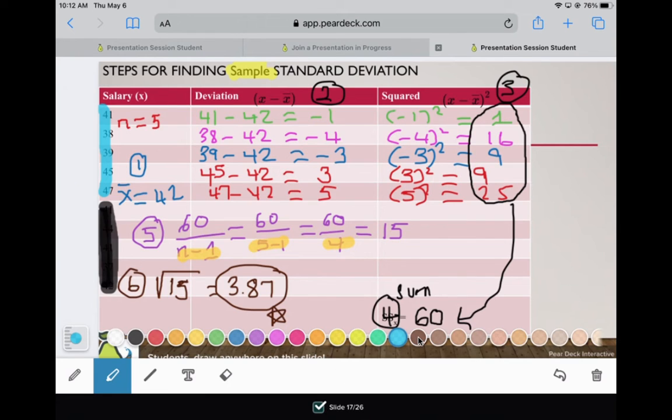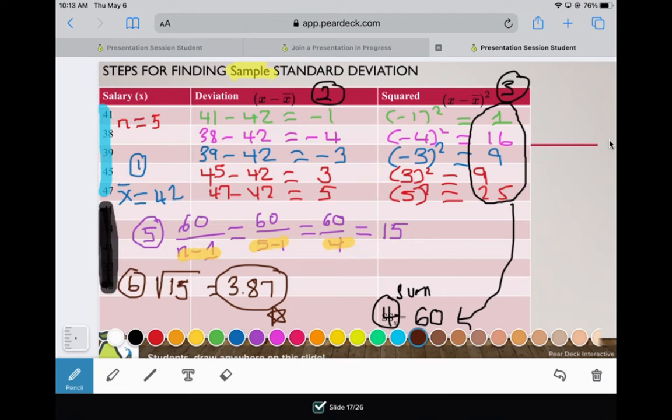Question for me on how to find the sample standard deviation. So how about step 5? For step 5, you could have questions about the number 60 or the bottom. Which one? For step 5, I'm taking the number from step 4, I have 60, right?